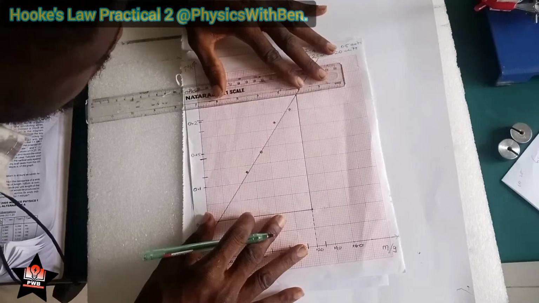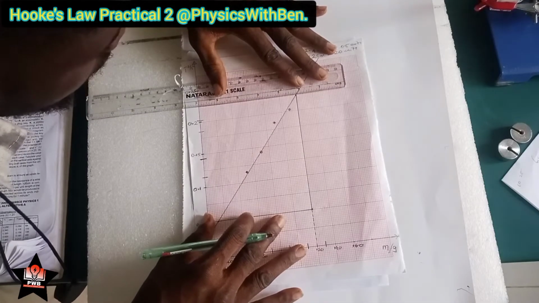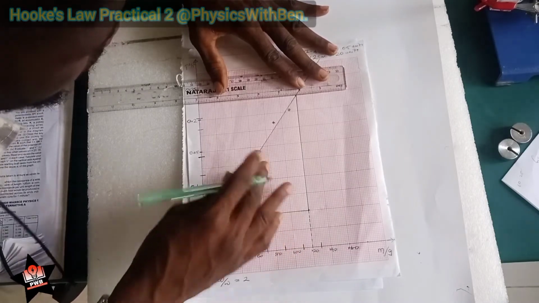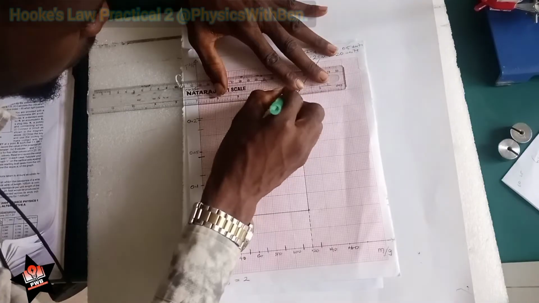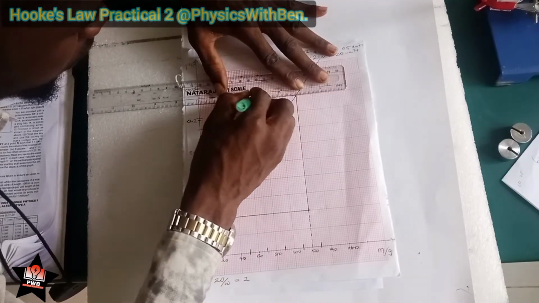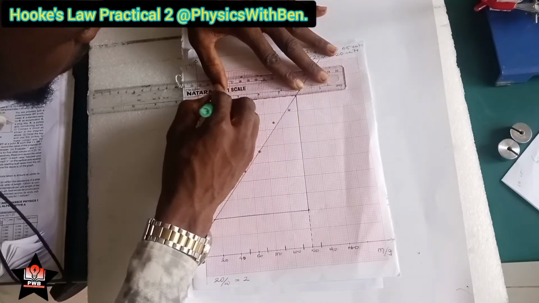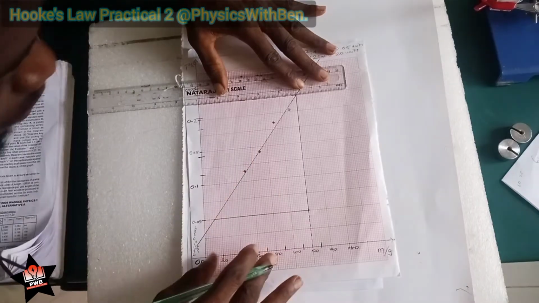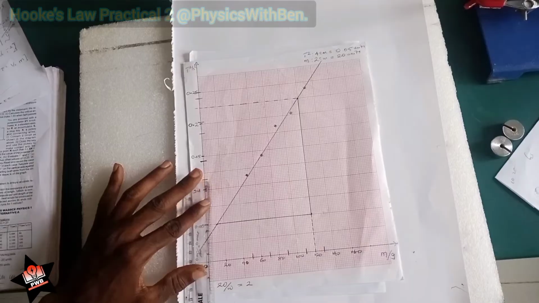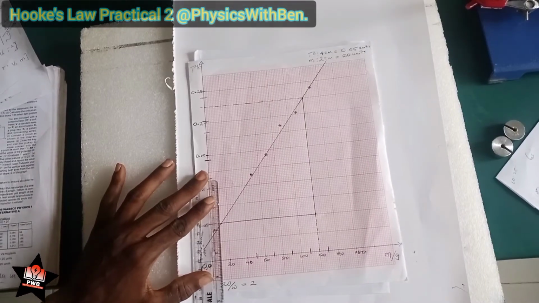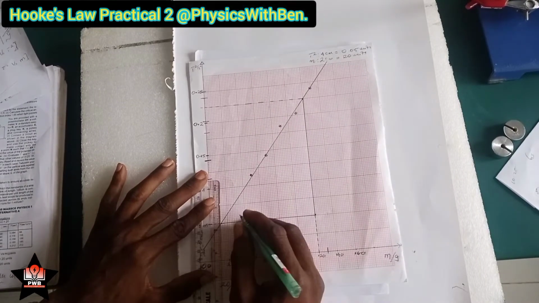Up here you put broken lines. Then down here you also put broken lines.